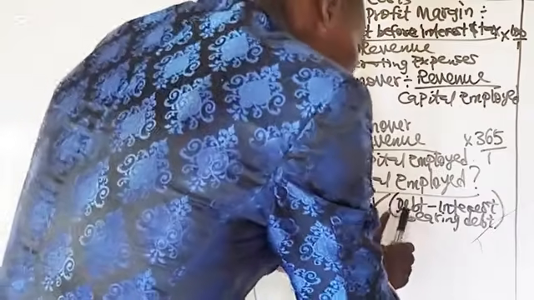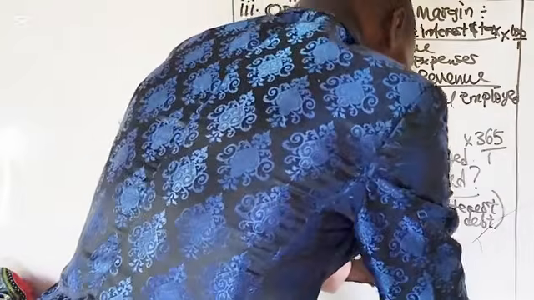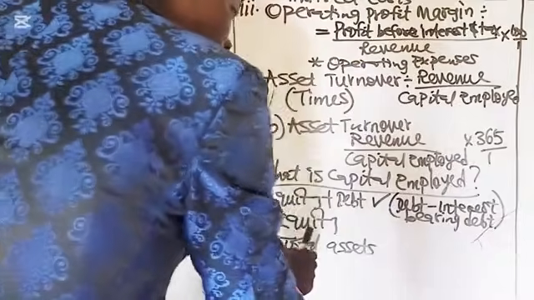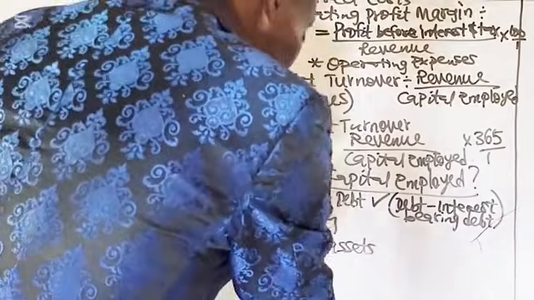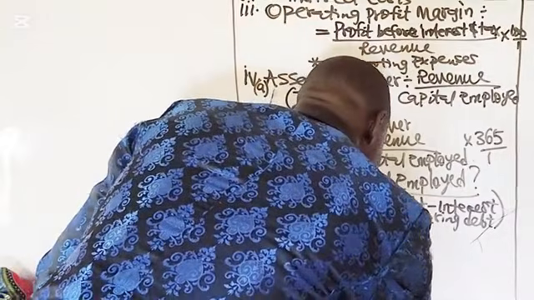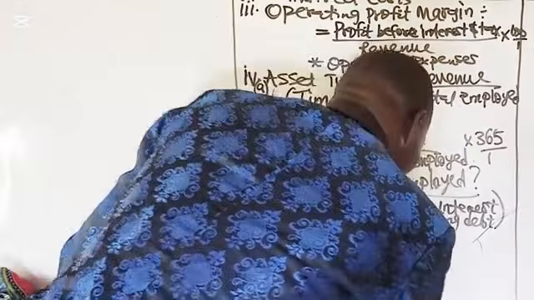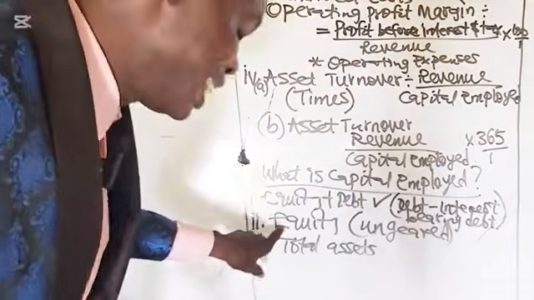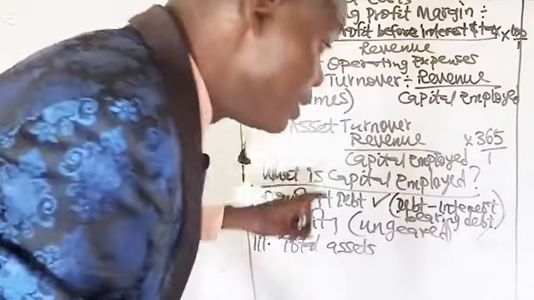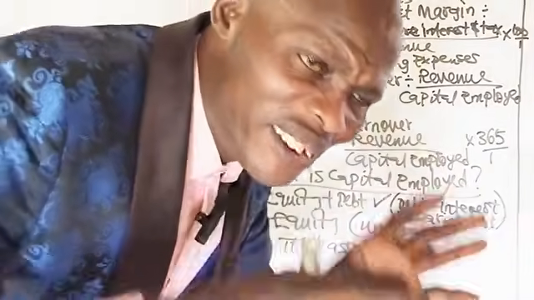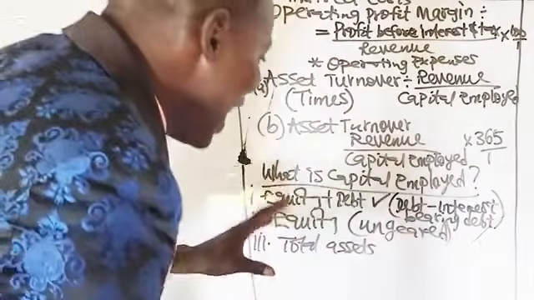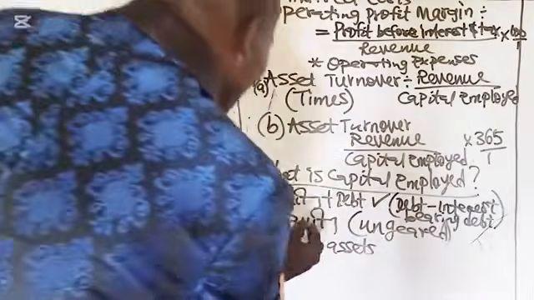Remember, I've told you the debt here is interest bearing debt. Then you could also have capital employed equal to equity, where the company is ungeared. That is, the company is ungeared if it is all equity finance. If the company is financed with only equity, the capital the company has employed is their equity.